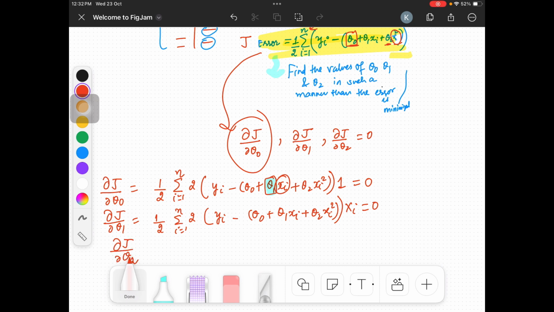So when I am differentiating with respect to theta 2, I'll get i from 1 to n. 2 will come in the front. So you have yi minus theta naught plus theta 1 xi plus theta 2 xi square. And then xi square will come here, and this is equal to 0.